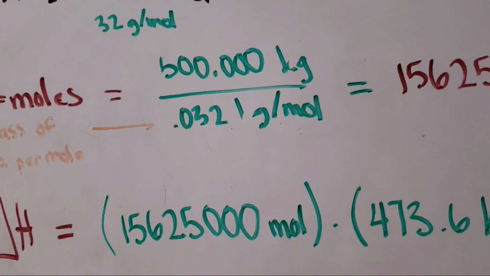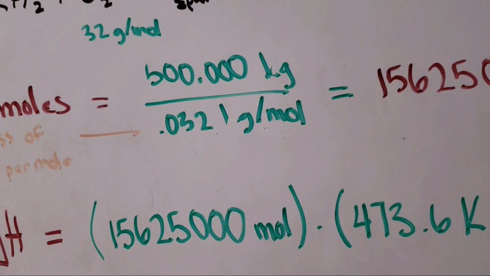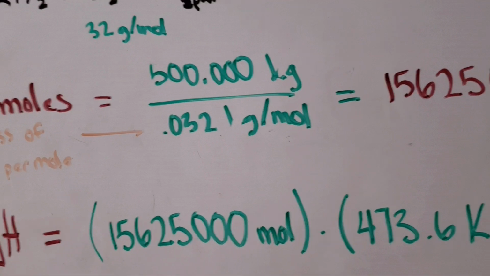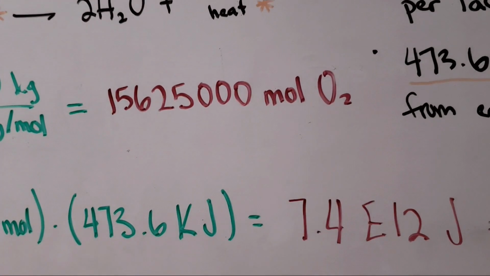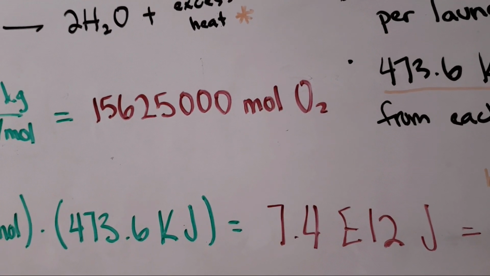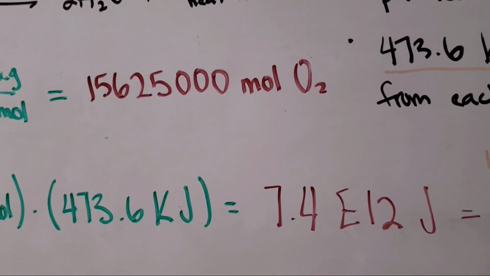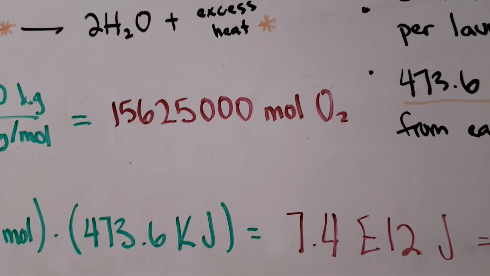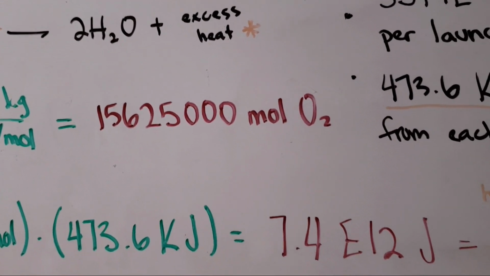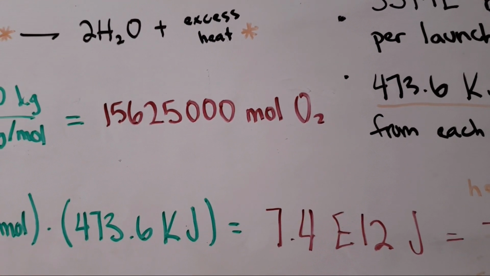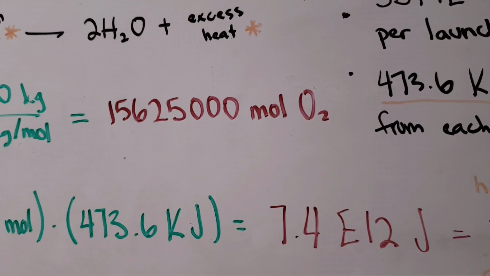We simply divide that by its molar mass, and what we get is this huge number right here, which is how many moles of O2 are burned. This is important to put it in moles because this will allow us to calculate the amount of heat that it generates, burning that much fuel.